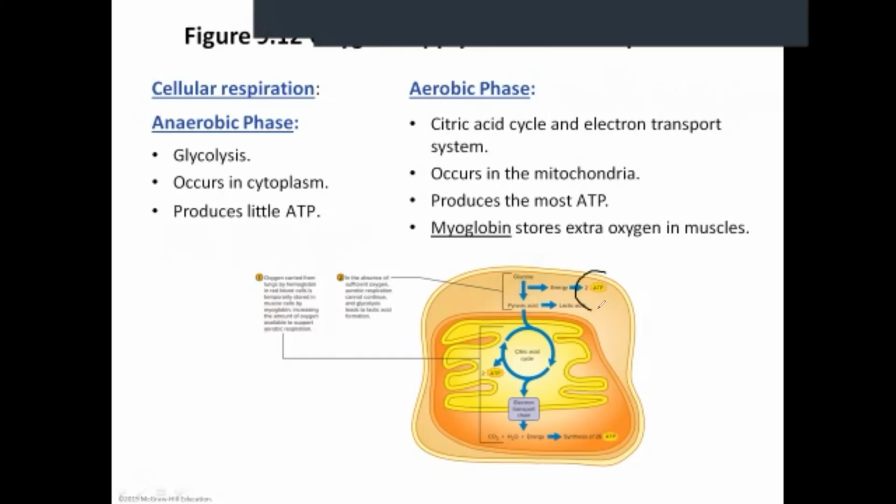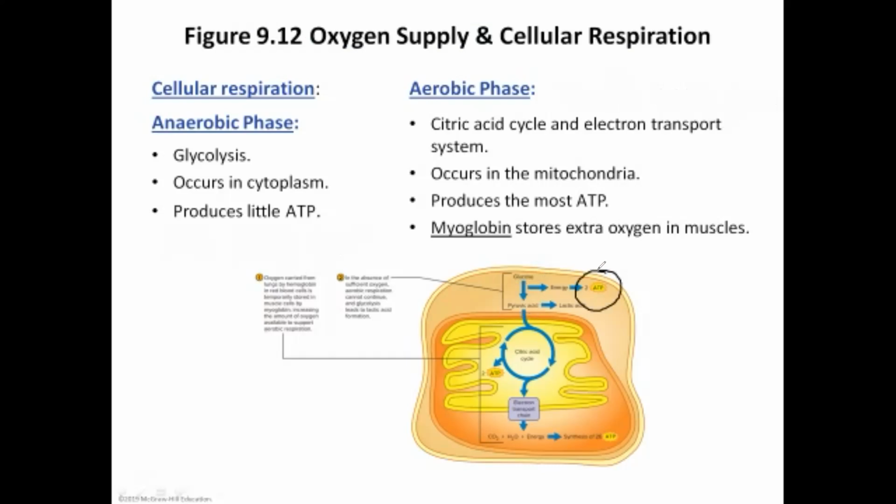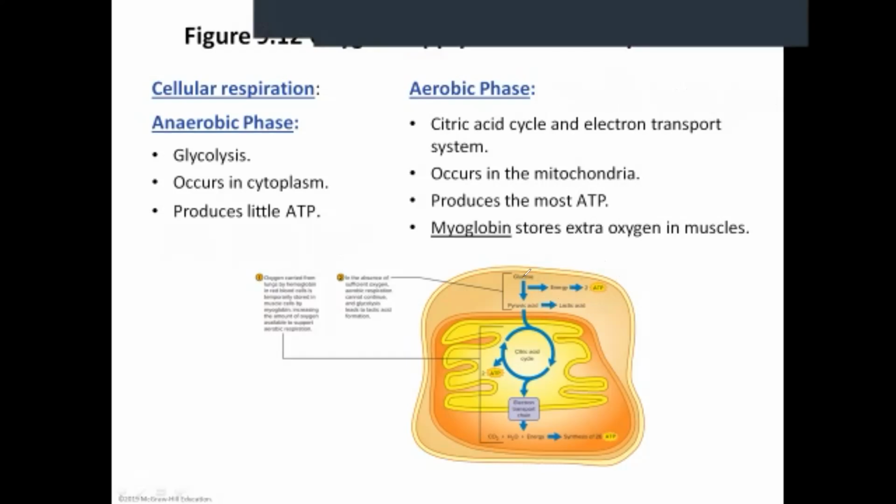In fact, you only produce 2 molecules of ATP. And unfortunately, if you do not have oxygen exposure, you're going to end up forming what is called lactic acid. Now, lactic acid is a conversion from pyruvic acid, and we can end up accumulating this in the body.